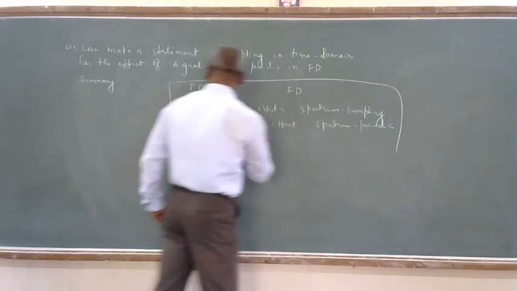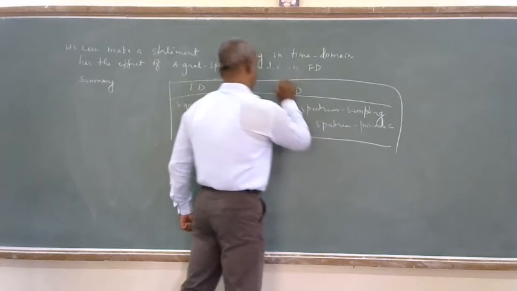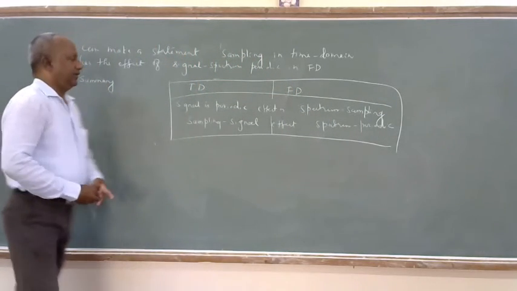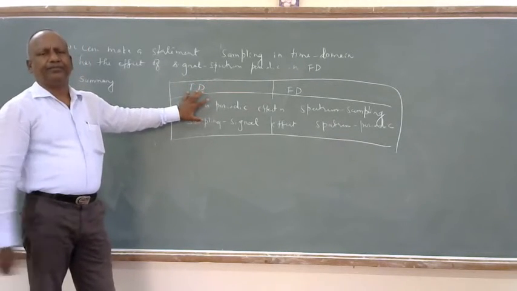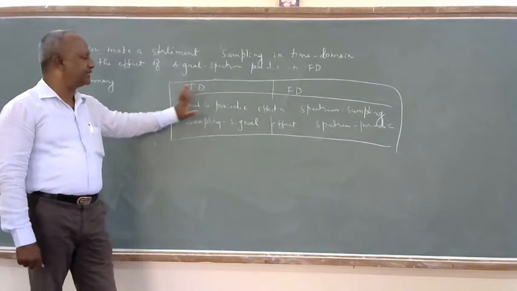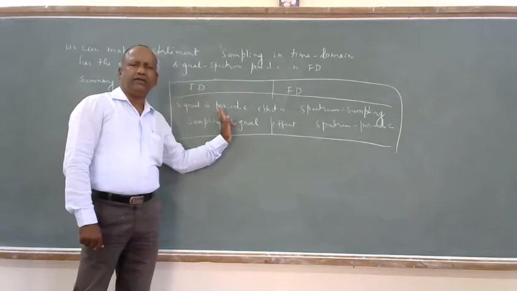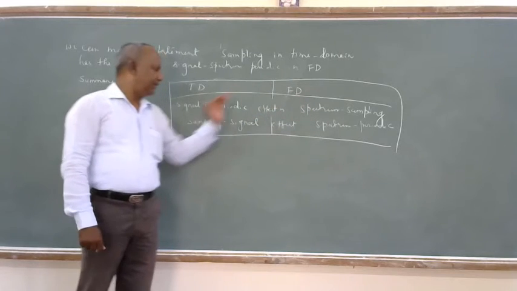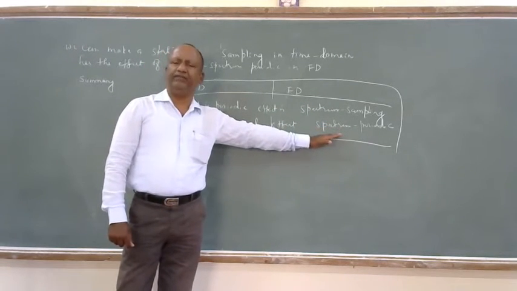It is based on observing the equation and creating the two important statements. So ultimately, the summary of the observation and the two statements is: if you make it periodic in time domain, in frequency domain it is sampling. If it is sampling in time domain, the spectrum is going to become periodic in frequency domain.